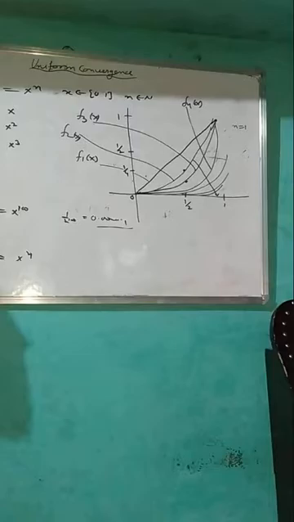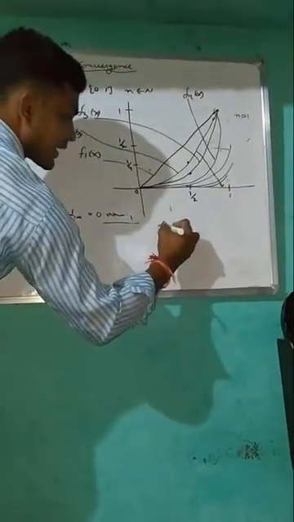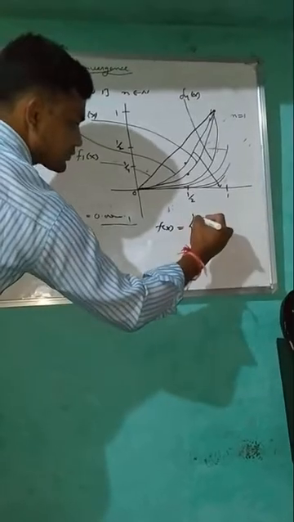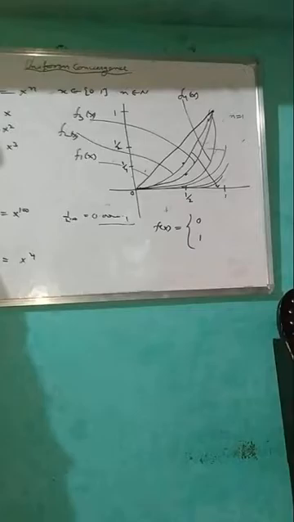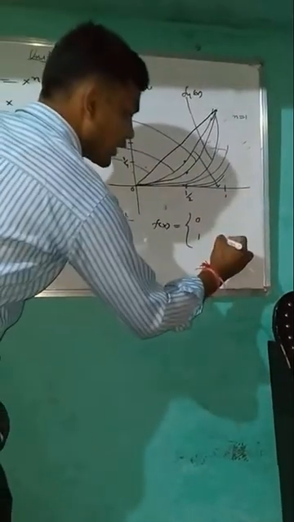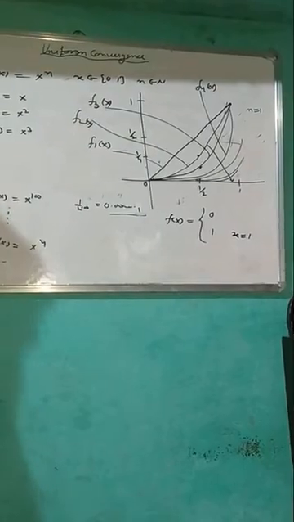Okay, it means we can write the limiting function f(x) equal to 0 and 1. In the case when x equals 1, the limiting function is 1.